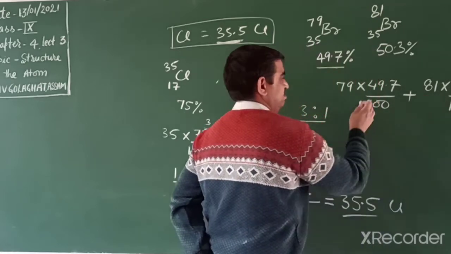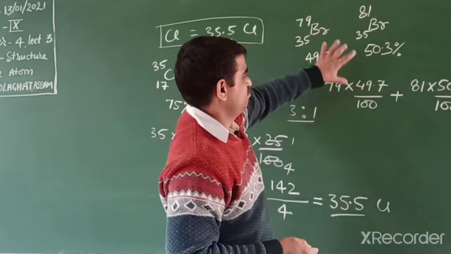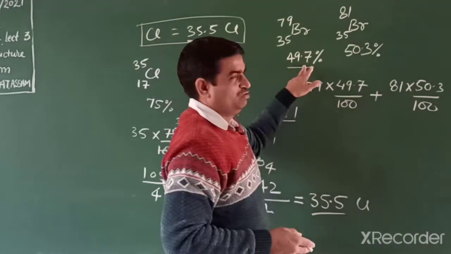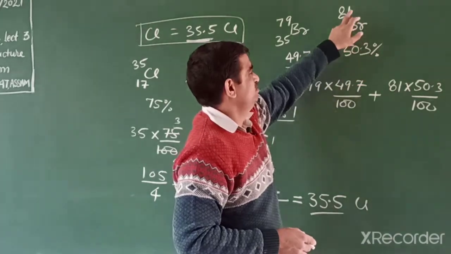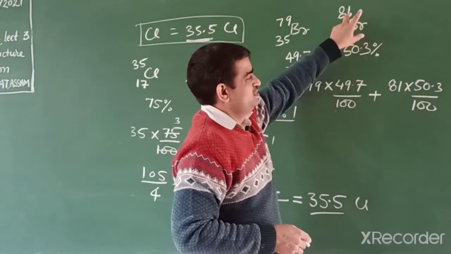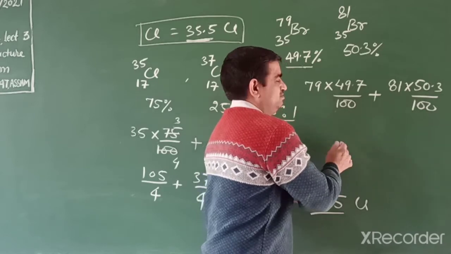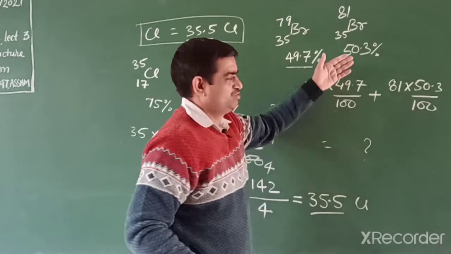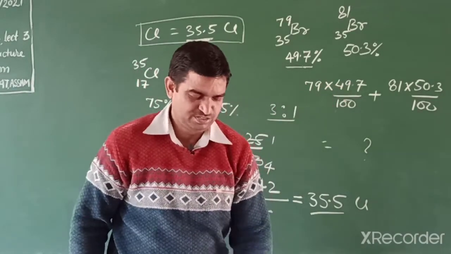When we solve, we get its atomic mass, because the total we have to take is 100%. 49.7% is one isotope, the other 50.3% is 81. So you combine, and when you solve, you get the desired result. By solving this, we can find its atomic mass.